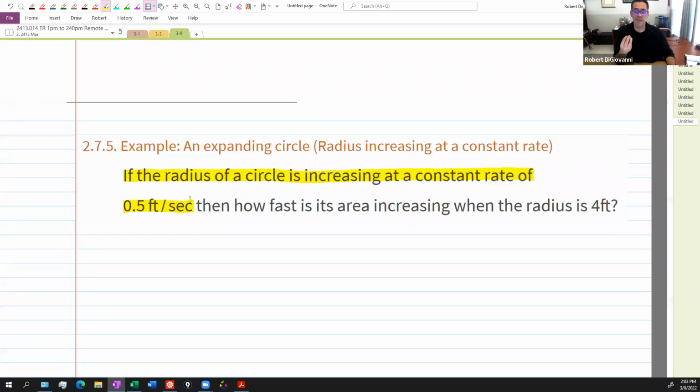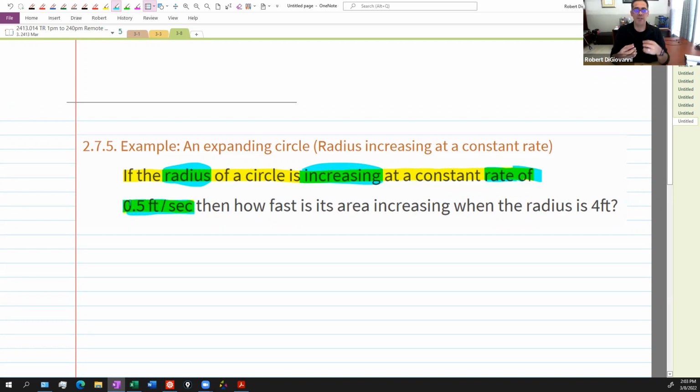This is telling us how fast what is increasing? The radius. Yeah, they're giving us information about how fast the radius is increasing, the rate that it's increasing. And they're telling us that it's 0.5 feet per second.